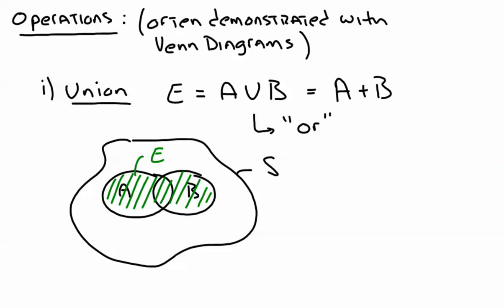Set E, which is the union of A and B, meaning the collection of all those outcomes or all of those elements that are either in set A or set B, is represented by the green hatched area. The second operation is the intersection.